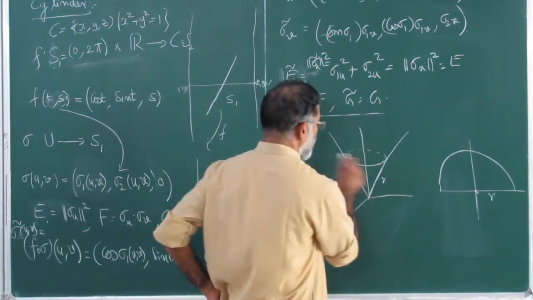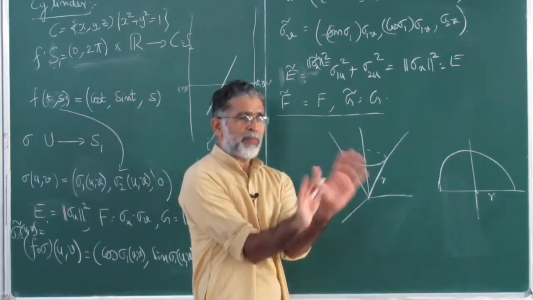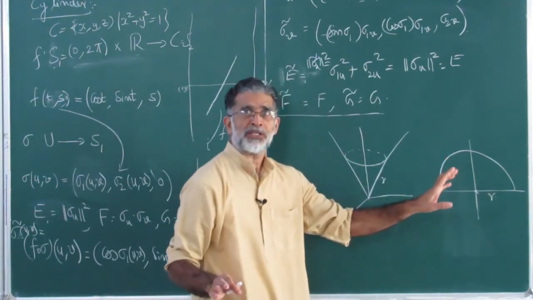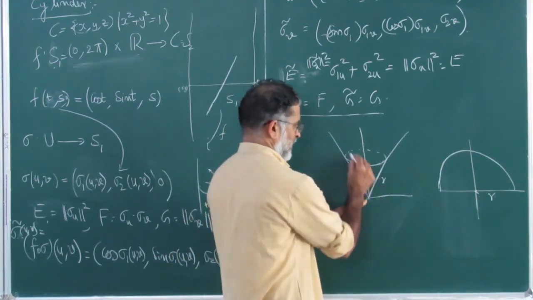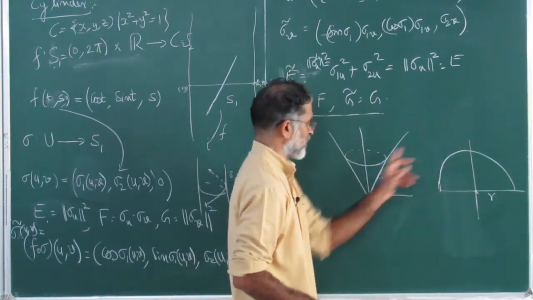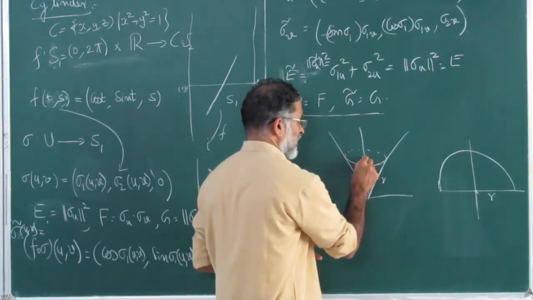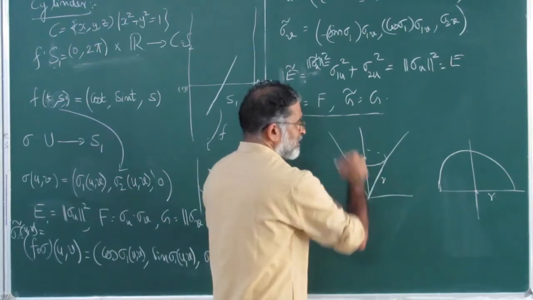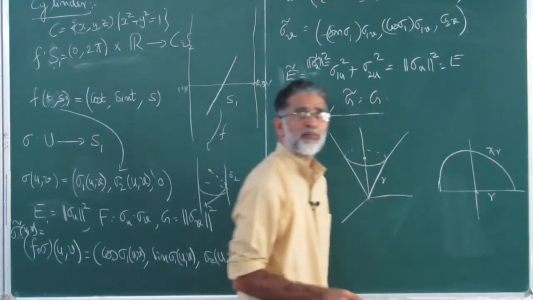And now look at it: while bending, the length of this curve is unchanged. That curve exactly becomes the circle here, because those are the points at the same distance from the origin. So you get the same height, because from the origin it's the same. I don't know what the height is, but certainly it is the same height. But what is its length? It's exactly this, and this length is exactly pi r.